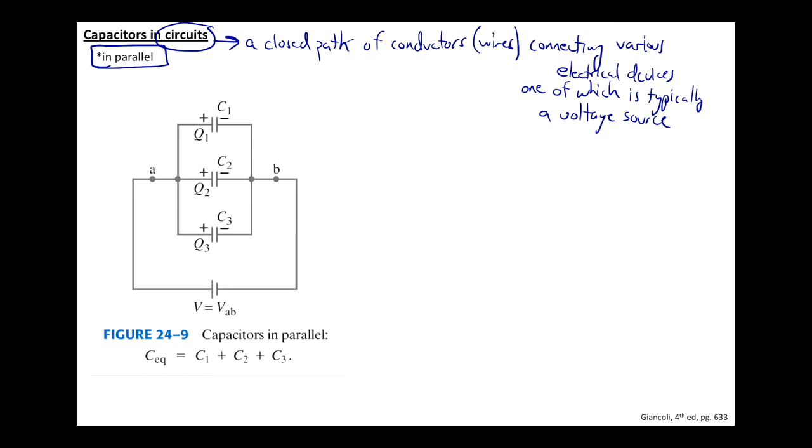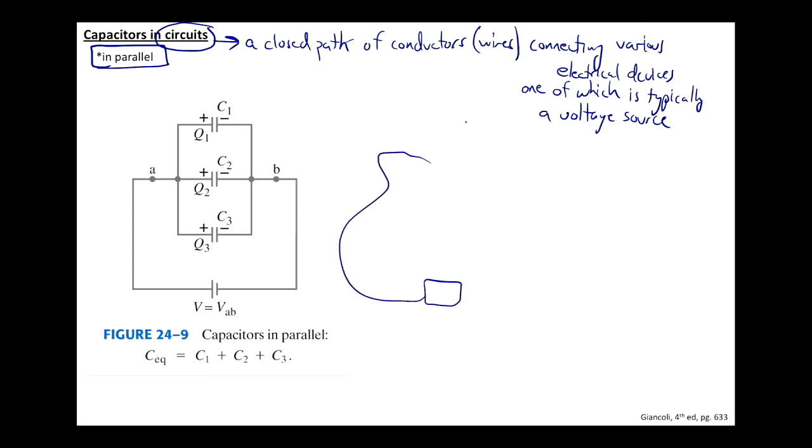You might imagine if you were to actually go to the lab and try to build the circuit, and you've got 3 of these capacitors, and a battery, and a bunch of wires, and you make all these connections, is it going to look like this? No, probably not. You're going to end up with something that looks more like this. You've got a battery, and there's a wire going over here somewhere.